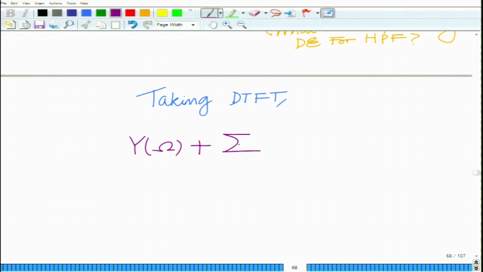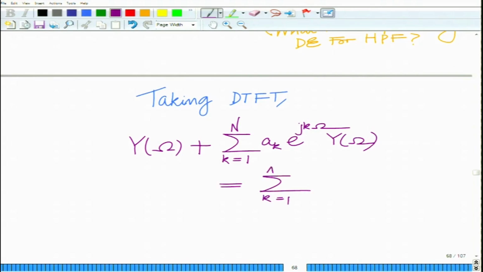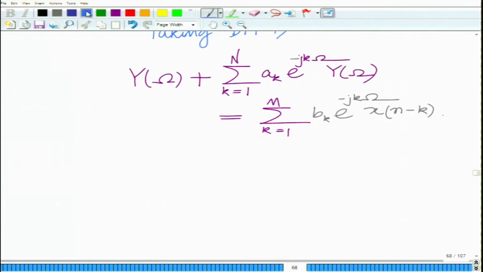So, we have Y(omega) plus summation k equal to 1 to N a_k, the DTFT of y[n minus k] is e raised to minus j k omega times Y(omega), equals summation k equals 1 to M b_k e raised to minus j k omega X(omega). And now if you find H(omega), H(omega) equals Y(omega) over X(omega).